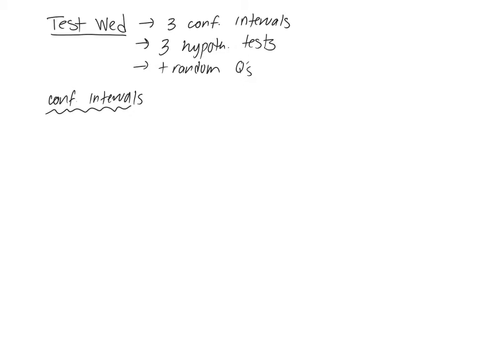Okay, so there's really just two basic ideas in this test. I know it seems like a lot, but you have confidence intervals and you have hypothesis tests. The first thing we have is confidence intervals for proportions.